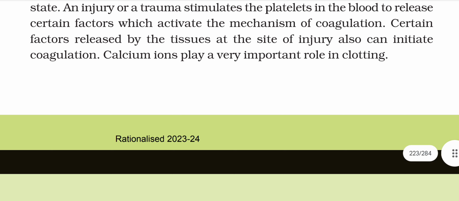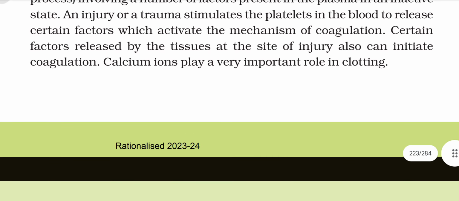Certain factors released by the tissues at the site of the injury can also initiate coagulation. Tissues have some roles, platelets have some roles, and the plasma has the main role, right?